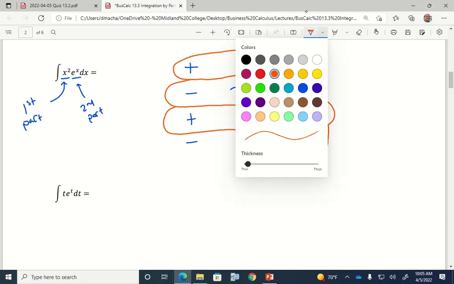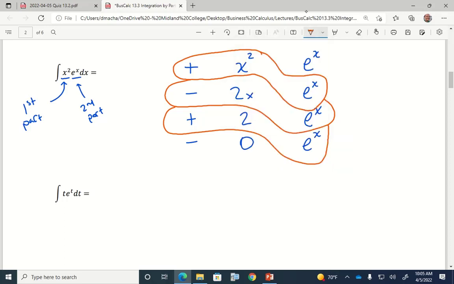And this antiderivative, my answer to this problem, is going to be plus x squared e to the x minus 2x e to the x plus 2 e to the x, and then plus c.